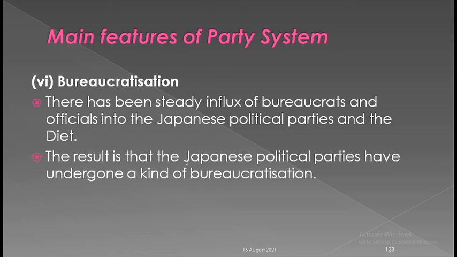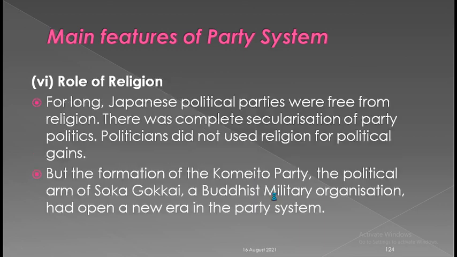The result is that the Japanese political parties have undergone a kind of bureaucratization because more and more bureaucrats or officers have become members of the political parties. And it is said that in some governments, around half of the cabinet members were drawn from former officers or former bureaucrats.